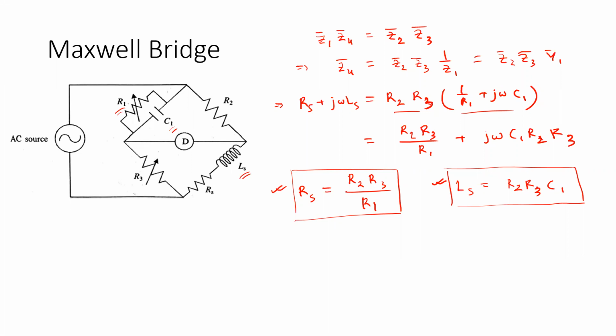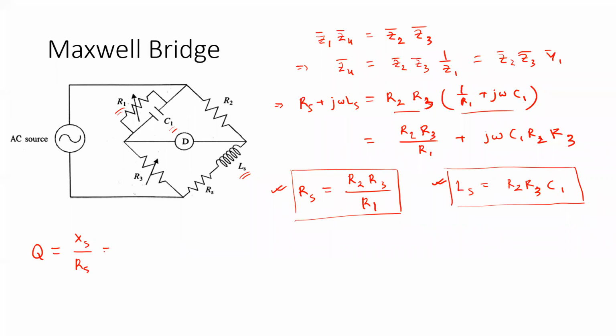Before going to that portion, I should discuss the quality factor. The quality factor, which we discussed at the beginning of the class, has to be the ratio between XS and RS, the equivalent series reactance and series resistance.